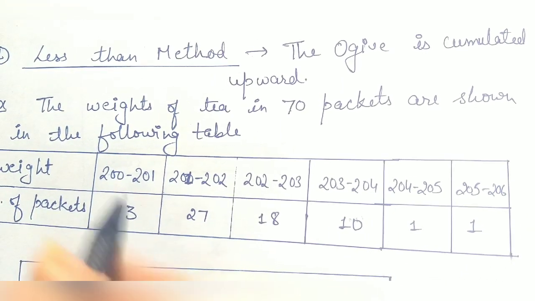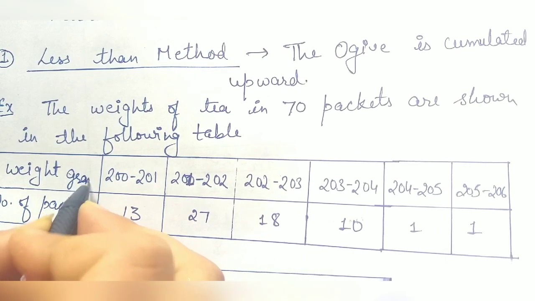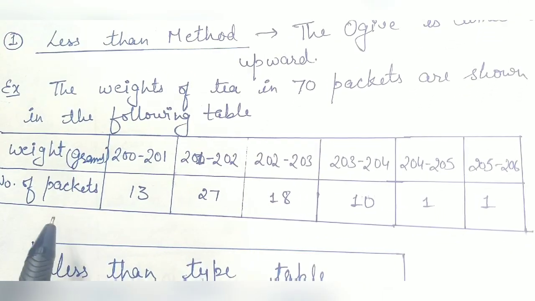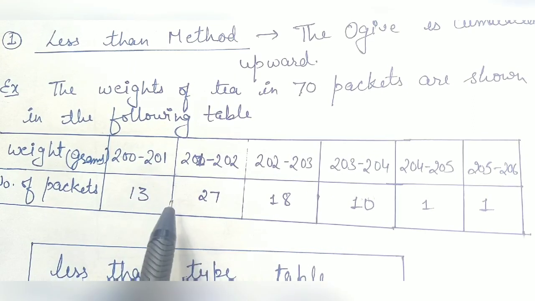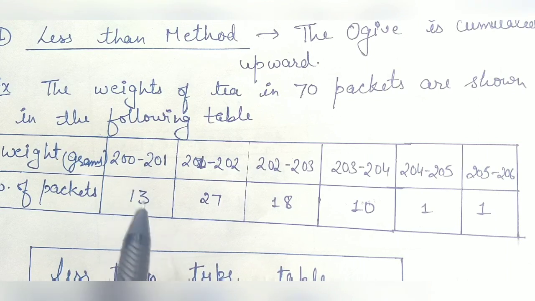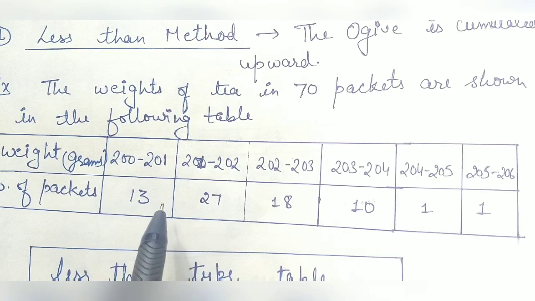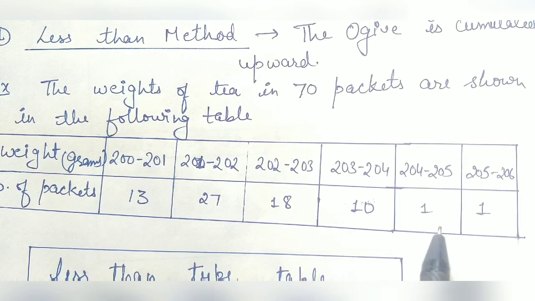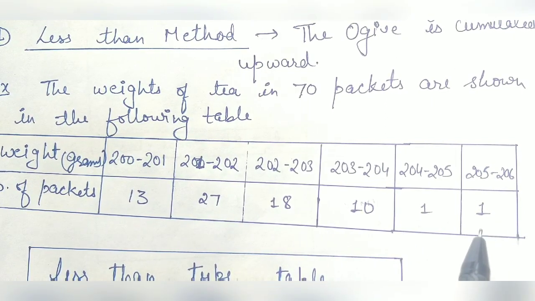This is given in grams. The number of packets for each interval is also given. In the first interval, we have 13 packets. In the second, 27, 18, 10, 1 and 1.